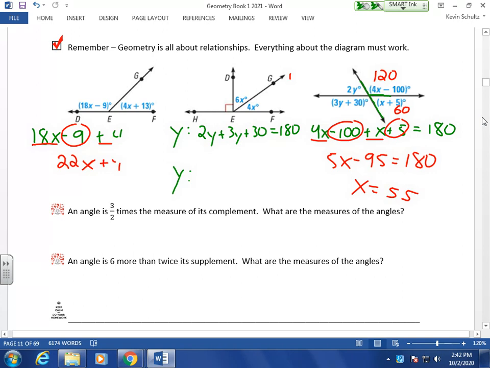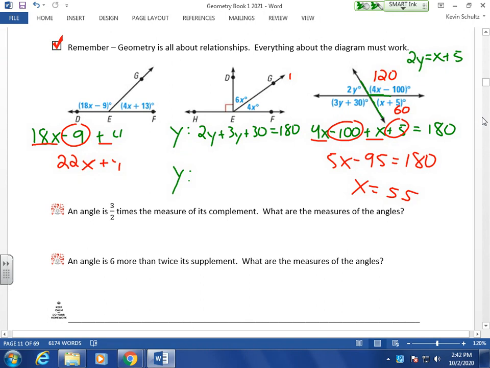But now that we know what x is, and we filled in two of these angle measures, what else could we do? Alex? We know that 2y and x plus 5 are vertical angles. So we can just fill in 60. It would have been 120, exactly. It would have done us no good to set up the equation 2y equals x plus 5 when we first started, right?